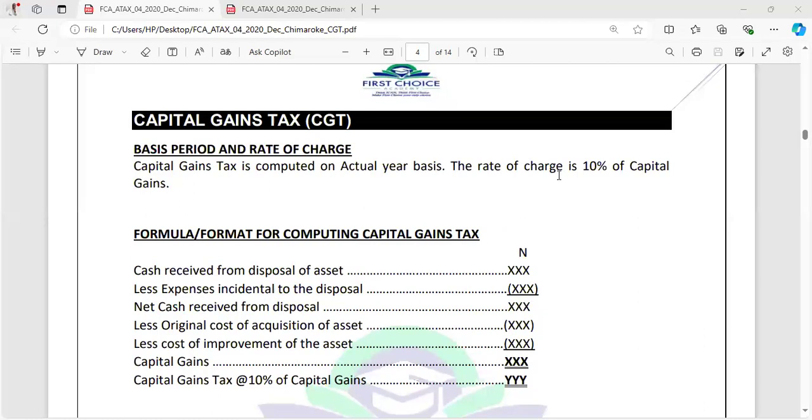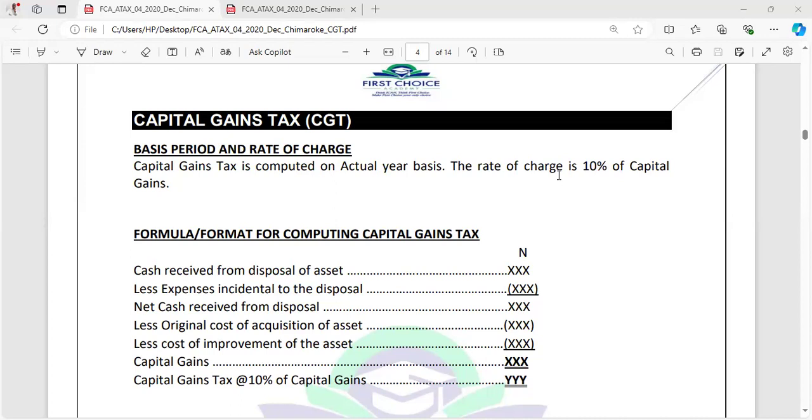Capital gains tax is a tax that is charged on sales of your capital assets. It means that when you sell an asset, you make a gain or you make a loss.